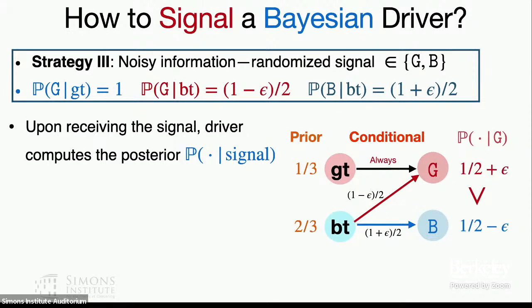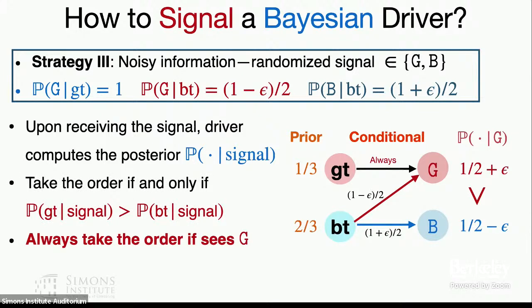Then given this, we can compute the posterior distribution upon receiving a signal, whether it's G or B. If the signal is G, then the posterior probability of a good tipper is slightly above 1/2. And conditioning on the signal G, the posterior probability of the bad tipper is slightly below 1/2. In other words, if the driver sees a signal G, then it's actually better off for the driver to pick up the passenger, because it has a better posterior utility from the perspective of the driver.